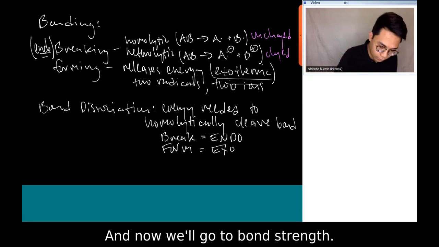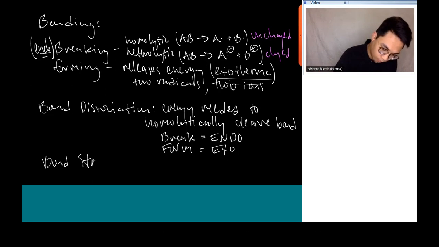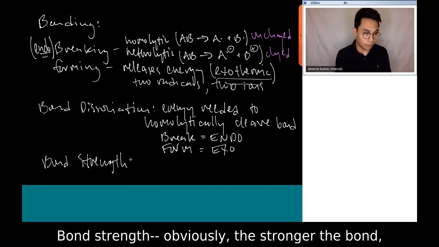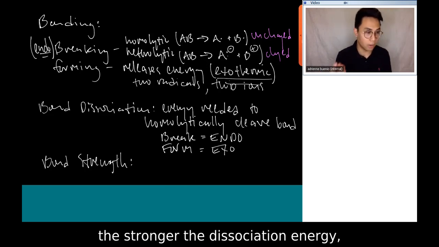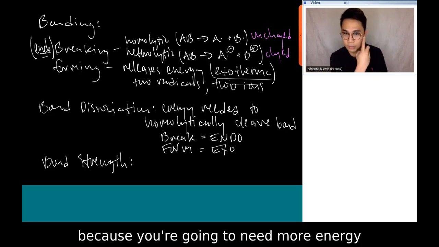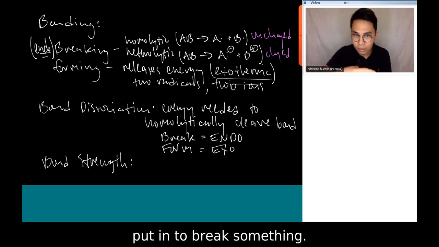And now we go to bond strength, and hopefully I have enough room. Obviously, the stronger the bond, the stronger the dissociation energy, because you're going to need more energy put in to break something.